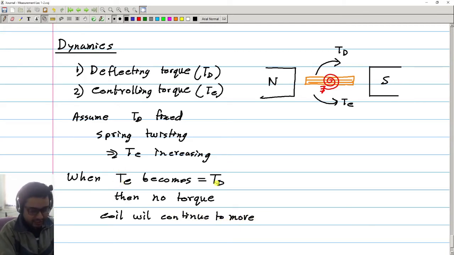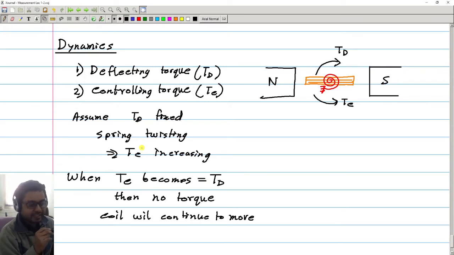TD is fixed, so now TC overpowers TD, so there will be a net torque in the opposite direction, and so the coil will decelerate, and at some point it will stop, but at that point TC is more than TD, and therefore it will start to move in the opposite direction, and in this way the coil or the pointer will oscillate around the equilibrium position. The equilibrium position is the position where TD is equal to TC.